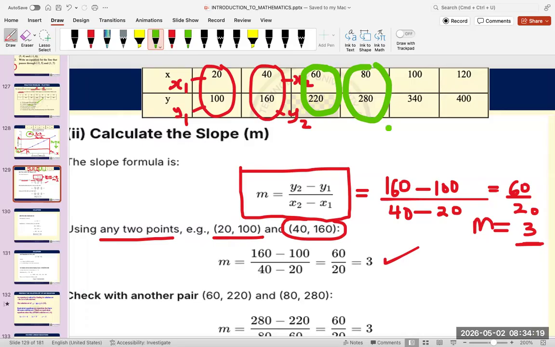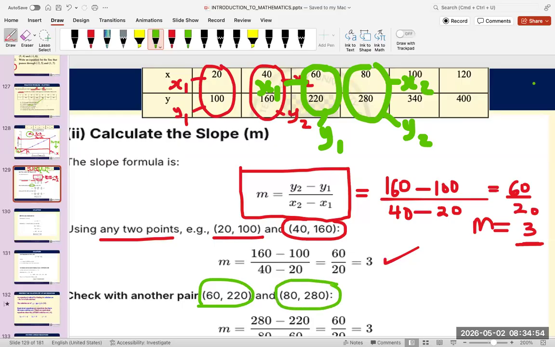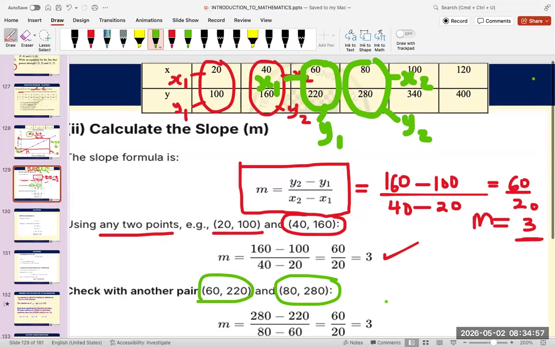In the same way, this one will be your y2, this one will be your y1, this one will be your x2, this one will be your x1. So same formula. Use same formula to do the calculation.